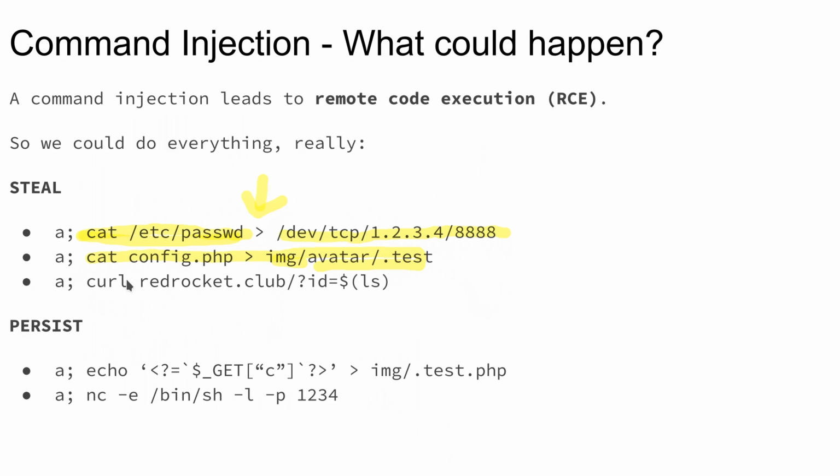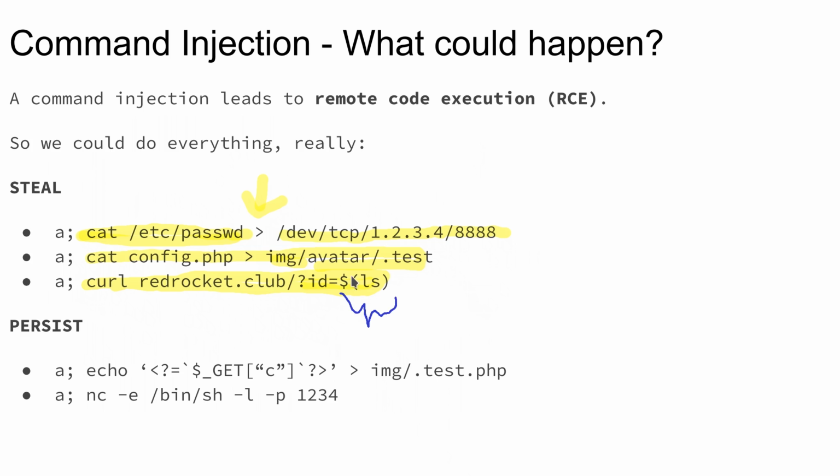Or we could do something called HTTP callback. We could use curl, that's the command line utility you know by now, and make an HTTP request to a server we control, and in this HTTP request, we set, for example, a GET parameter to the output of a command.